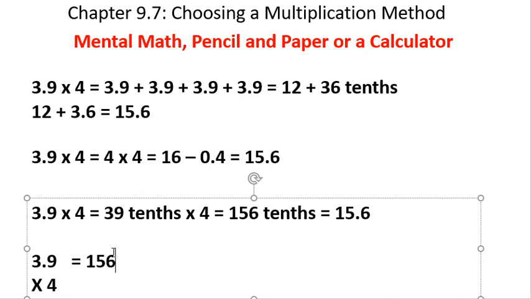But if we forget to put the decimal, we're going to say, oh yes, 3.9 times 4 is 156. But it's not 156. It's 156 tenths. But we wouldn't have realized that because we didn't estimate first to say our product should be about 16. 156 is not close to 16. I would have to do my calculation over again or realize I made an error in my decimal placement.